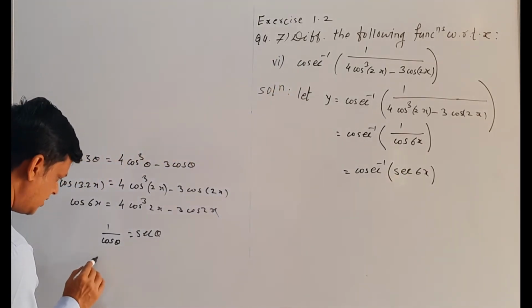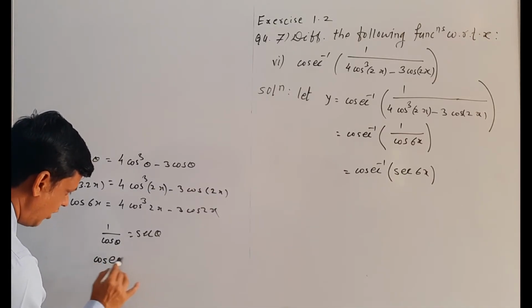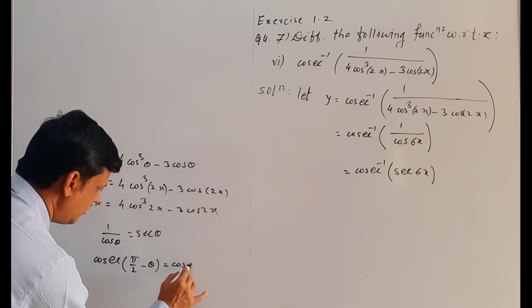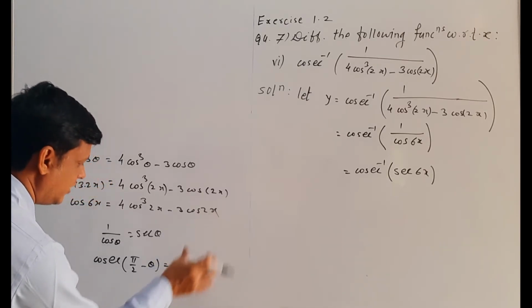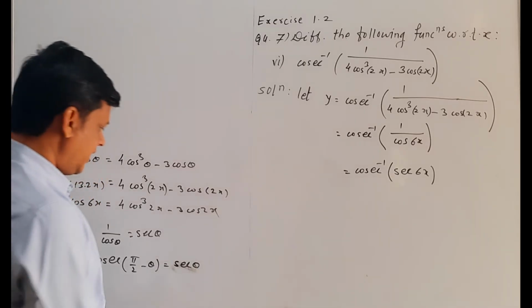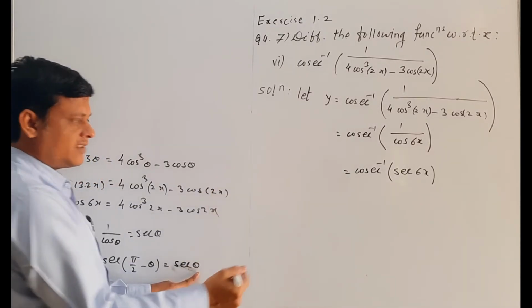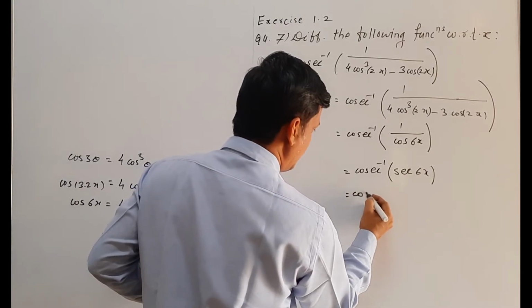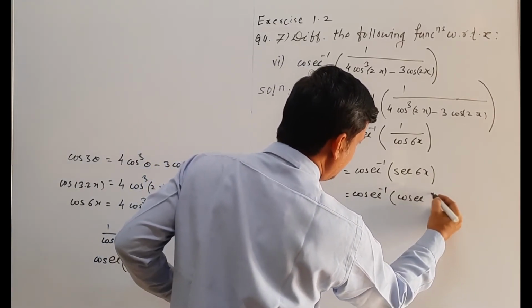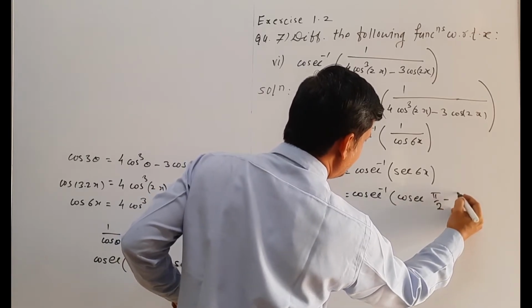So we use the concept cosec of pi by 2 minus theta is equal to sec theta. Here in place of theta we have 6x. So we write here cosec inverse of pi by 2 minus 6x.